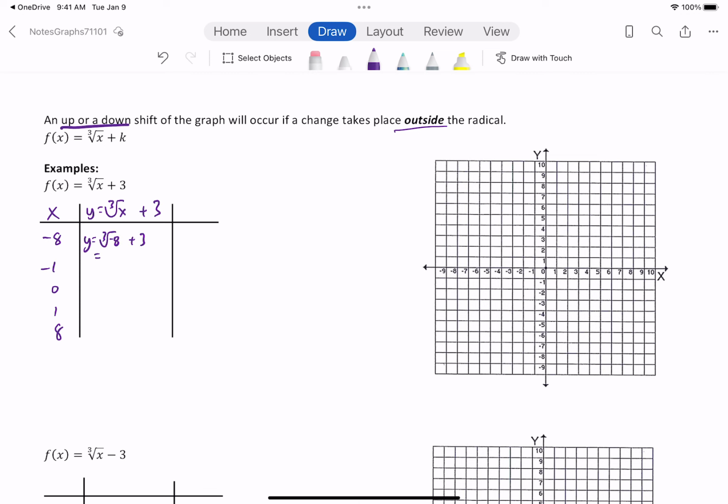So the cube root of negative 8 is negative 2, plus 3 is 1. So we get negative 8, 1. The cube root of negative 1 is negative 1 plus 3 is 2. The cube root of 0 is 0 plus 3 is 3.